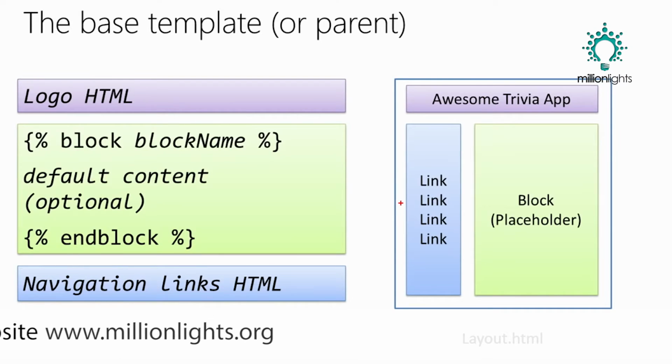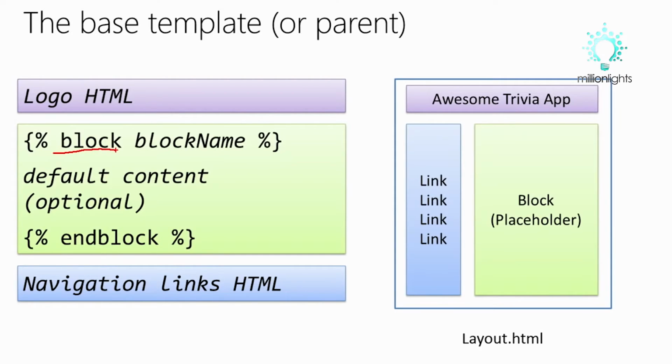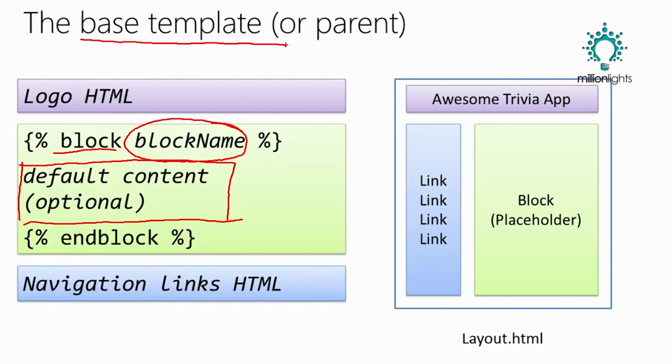And so what you're going to notice is that this is done by creating blocks. And all of our blocks have a name. And inside of those blocks, and remember again that we're in the base template, you can, if you want, provide default content. You don't have to, but you can.